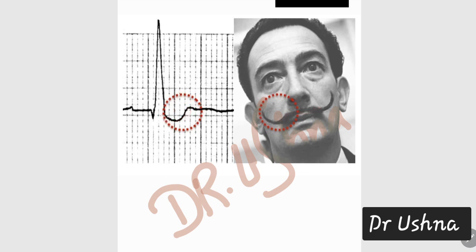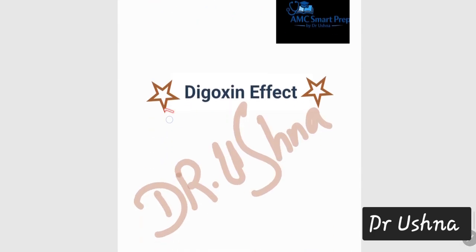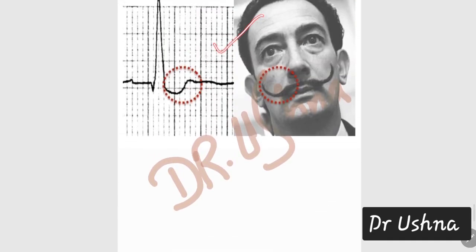This U-shaped, downward sloping, scooped ST depression is very typical for digoxin effect, digoxin toxicity. So again, make this an elephant for yourselves: this mustache sign is basically scooped ST depression, U-shaped ST depression. This is your digoxin toxicity, very important for your exam.